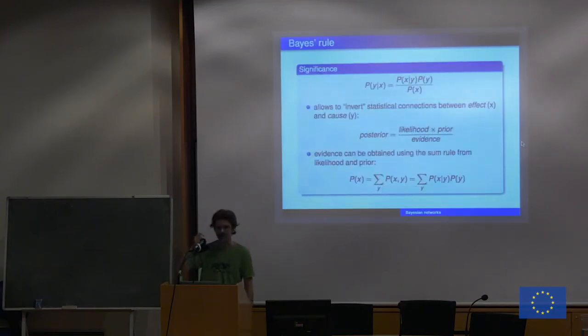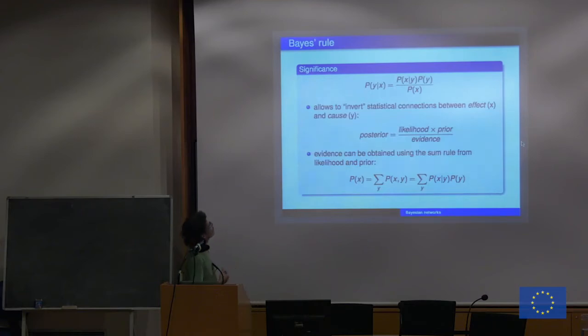So in terms of modeling, the reason why Bayes' rule is so relevant is that it allows you to invert the statistical connection between cause and effect. As we will see in Bayesian networks, it's easier to represent the relationship between probabilities as causal relationships. There is a link from x to y if x is somehow a probabilistic cause for y.